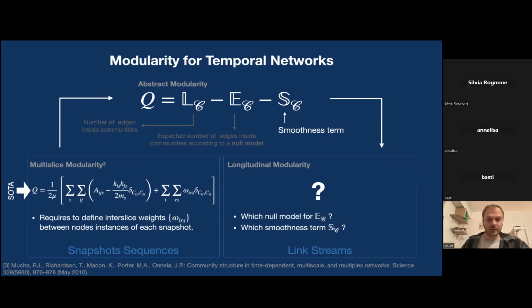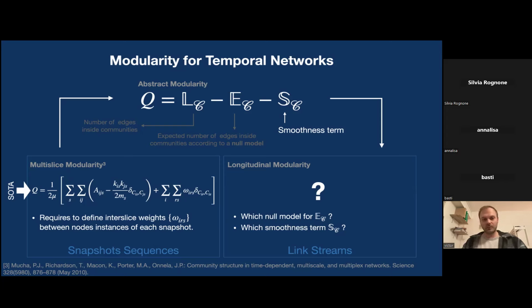we look at it and we choose to reinterpret it in a formula that we call the abstract modularity. So the abstract modularity is now the number of edges minus the expected number of edges, just like before. But now we add a smoothness term.